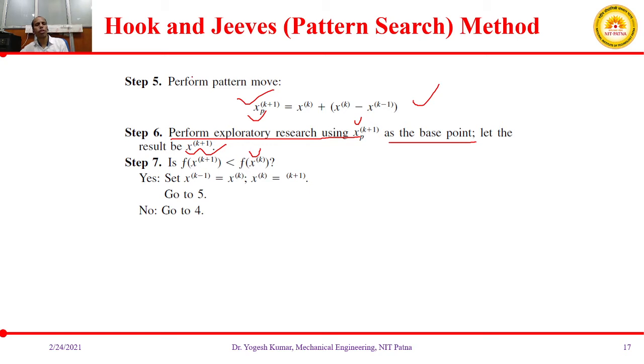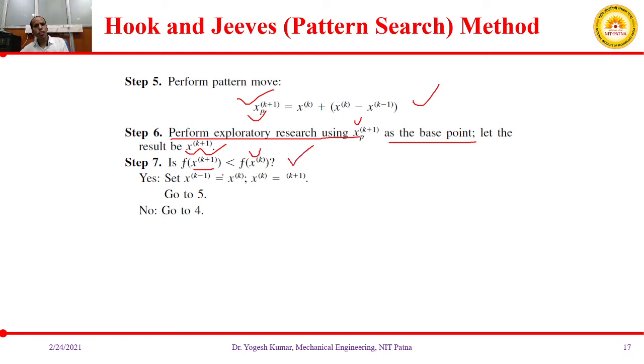you will repeat the same process, that is, you will try to move ahead and identify the next point corresponding to the minimum value, the point which has a value less than f x k plus 1.